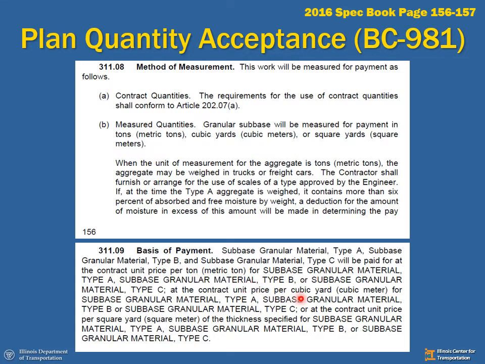However, if I'm paid by cubic yard or square yard, those are things I can measure. I can measure cubic yards, a length, a width, and a depth. I can measure square yards, length and width. I can do that ahead of time for a planned quantity. However, do I know exactly how many tons of material it will take? I really don't. It's not always the same density, so I cannot agree to tonnage type items before we do the work.